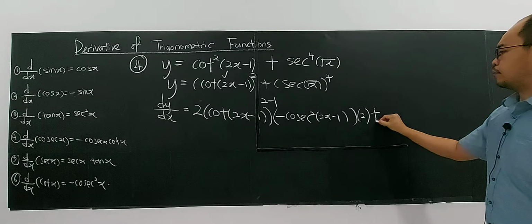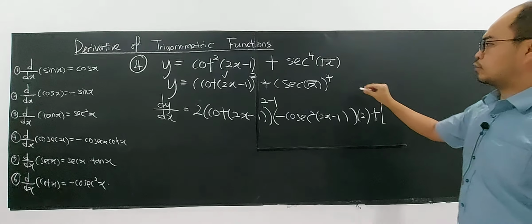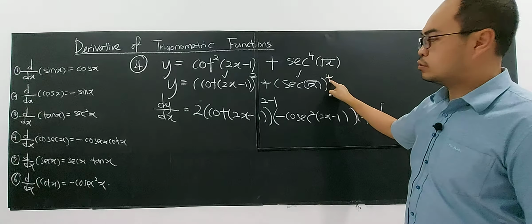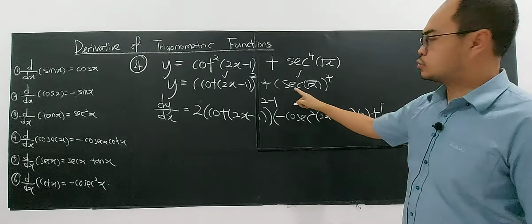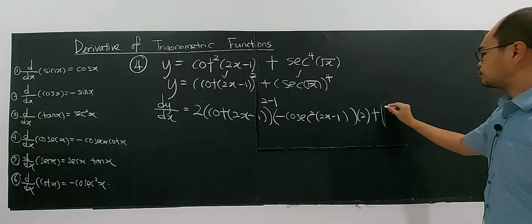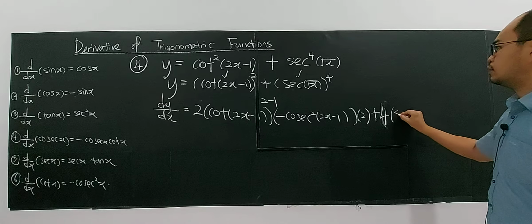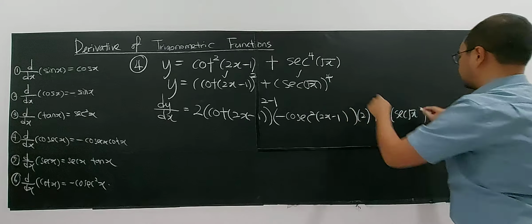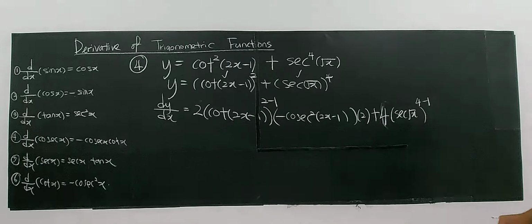Followed by plus. Now I go to differentiate this section here. There is a power also for this trigonometric function, so you bring down the power and copy back the bracket here, but the 4 you reduce by 1.